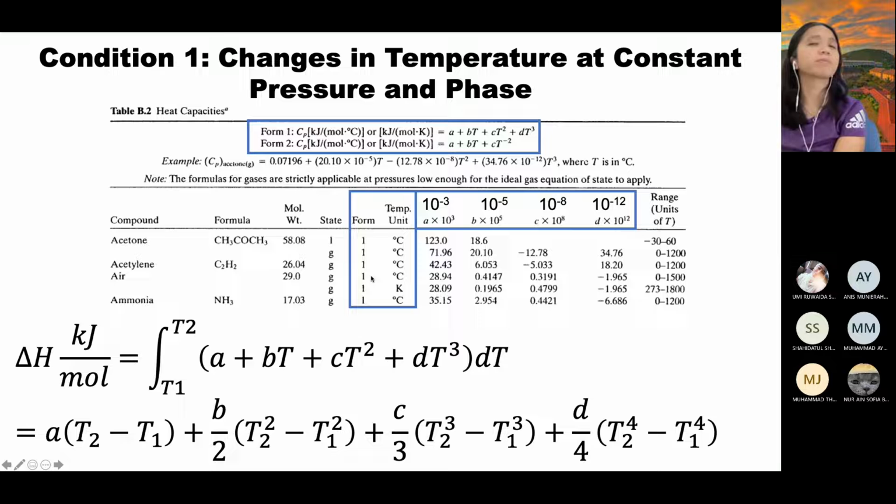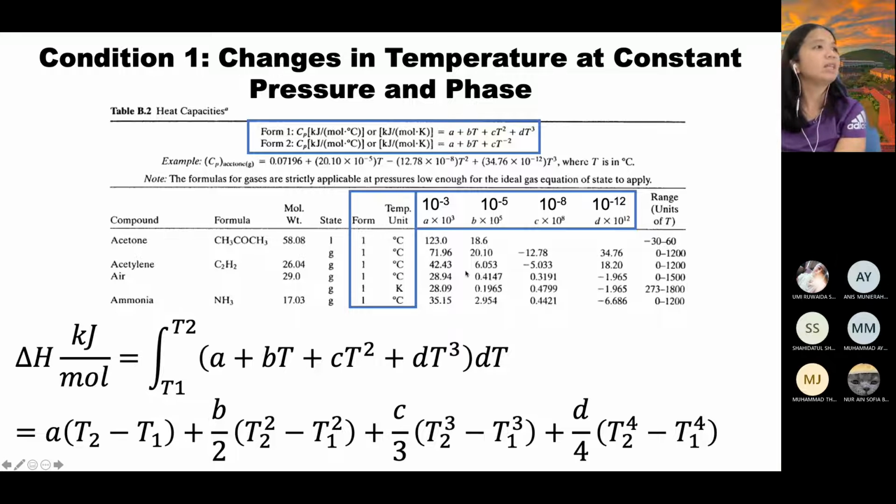For example, I'm calculating for acetone gas. So A is 71.96 times 10 to the power of minus 3, in bracket T2 minus T1. Check balik table. Unit suhu Celsius, so make sure you replace Celsius. Plus B per 2.